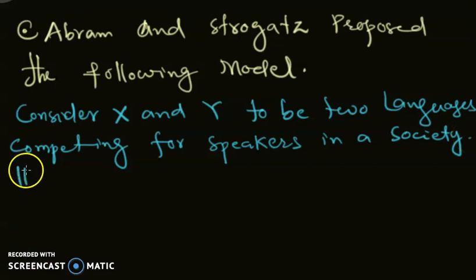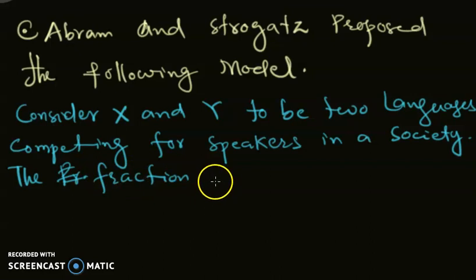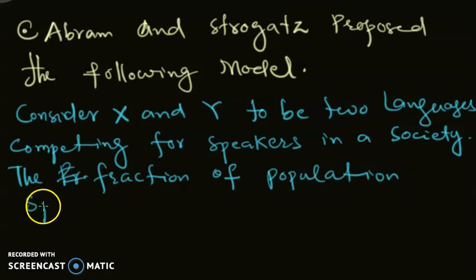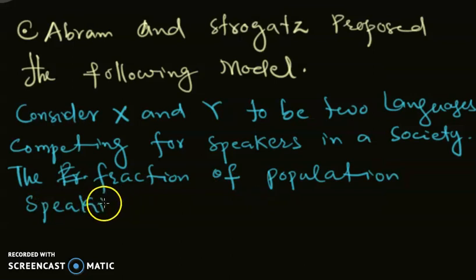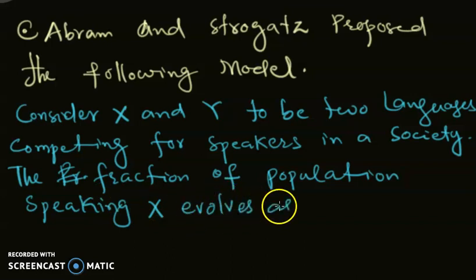Then the proportion, the fraction of population speaking X evolves something like the following.